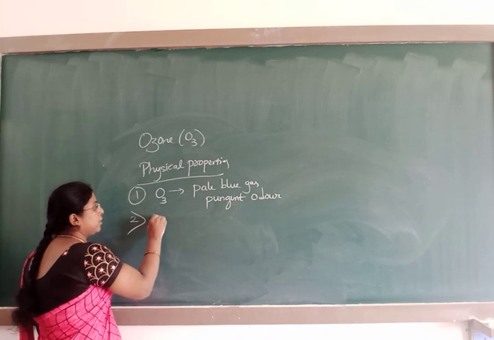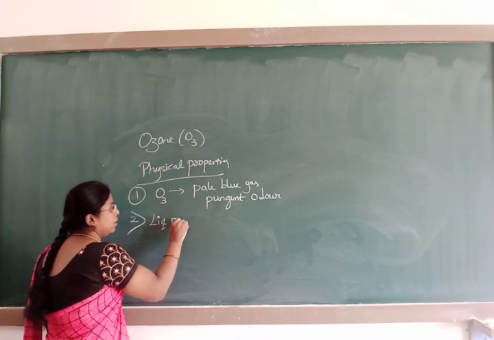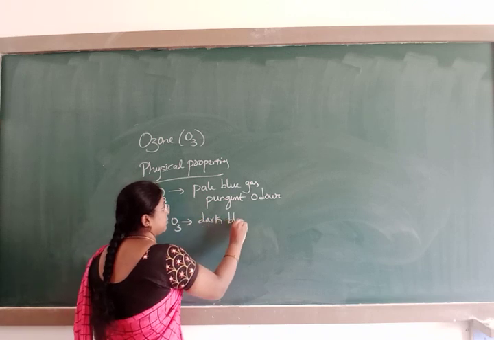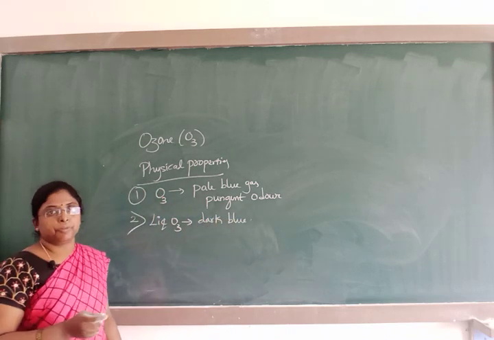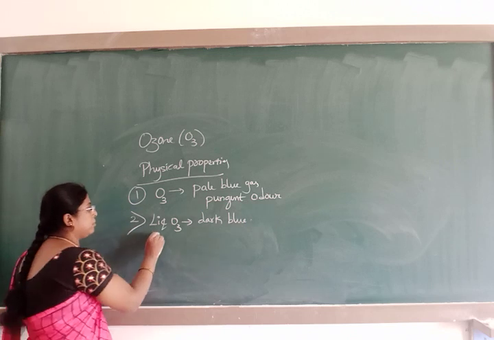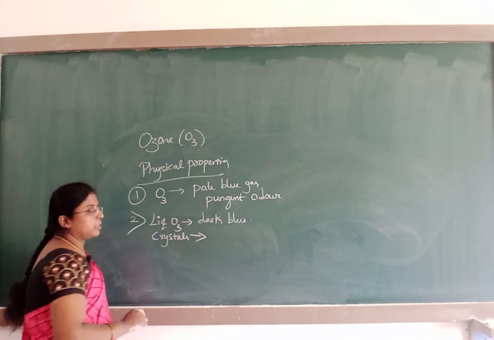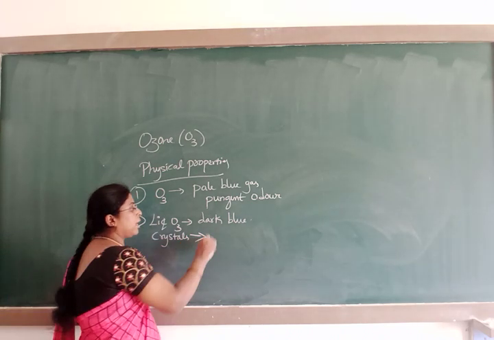When we liquefy the ozone, the color will be dark blue. Further, if we freeze this ozone, it will form crystals. The obtained ozone crystals are violet black in color.